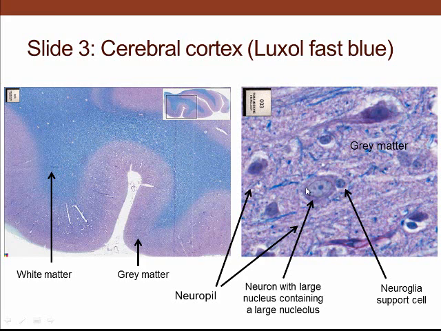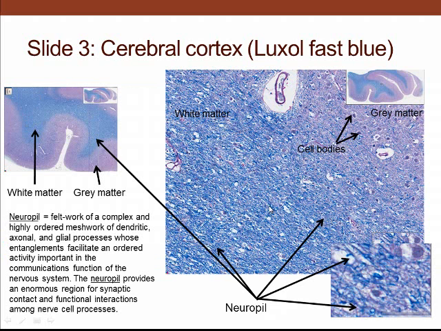And here we see in the gray matter, which is right in through here and here, one cell body and satellite cells in through there. Again, the gray matter, white matter, and the neuropil is the interactions between the nerves that facilitate such a complicated organization of the nervous system. In the gray matter, we see the cells. These are the cell bodies of the cell.